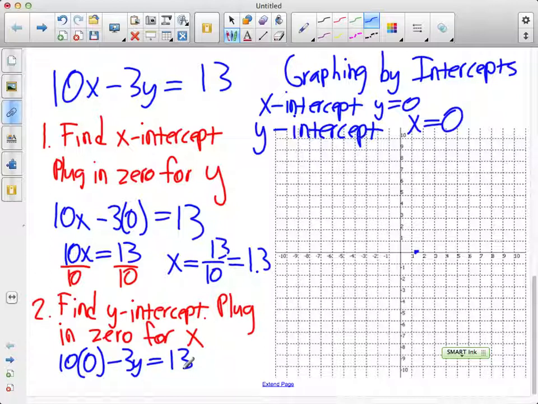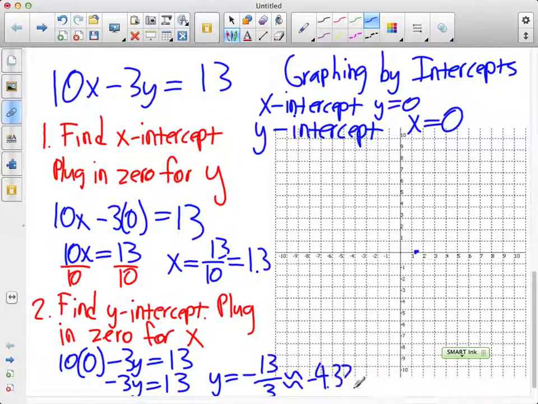Obviously 10 times 0 is 0, so we have negative 3y equals 13, which means y equals negative 13 over 3, which is negative 4.33 as a decimal.